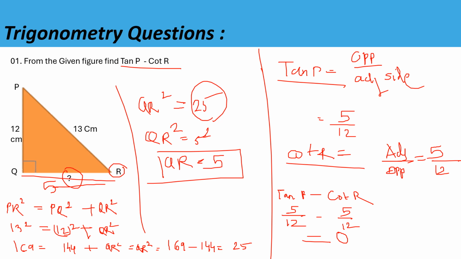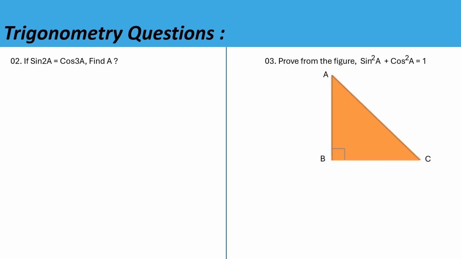Okay. So now discussing about the second question. We have given if sin 2A is equal to cos 3A, then we have to find what? A. So in this case, what we can use is sin A is equal to cos (90 minus A), because this is a complementary angle, and therefore we can write this as 2A plus 3A is equal to 90.